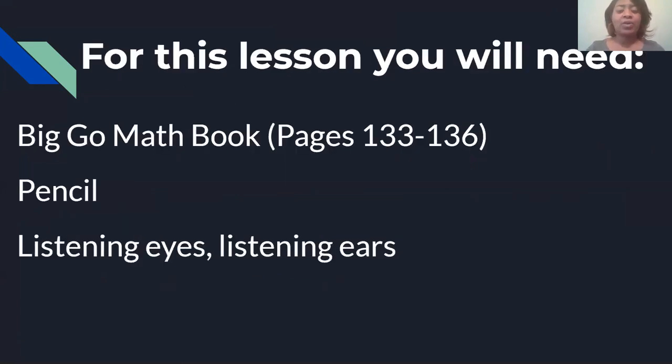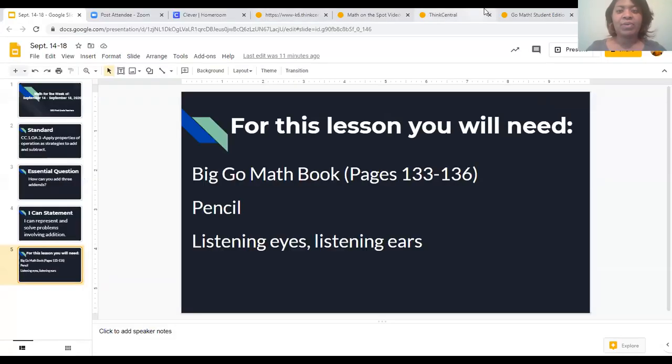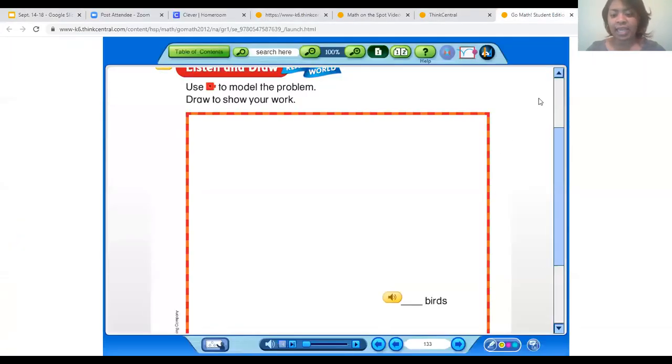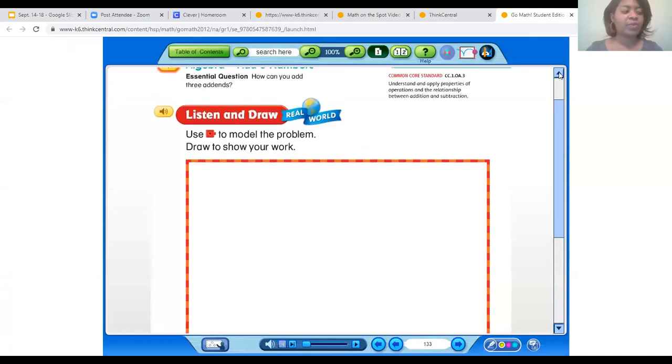For this lesson, you're going to need your Big Ideas Math book. We're going to be working from pages 133 to 136, your pencil, your listening eyes, and your listening ears. All right, so let me get my math book out, and it is open to page 133.